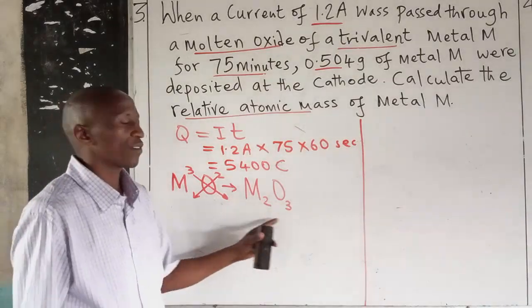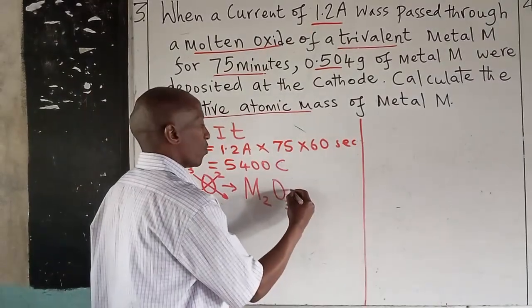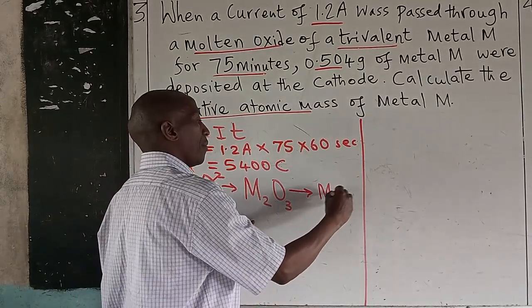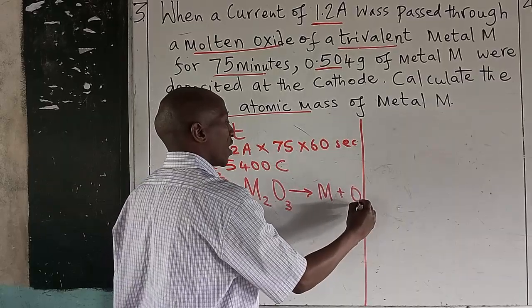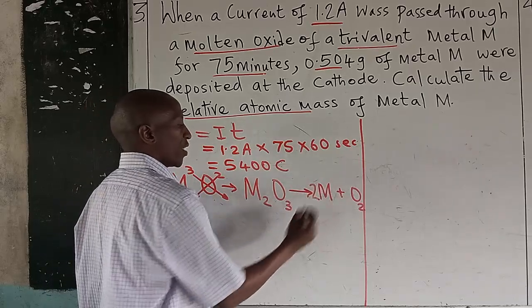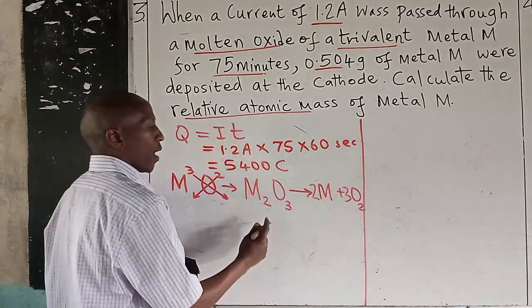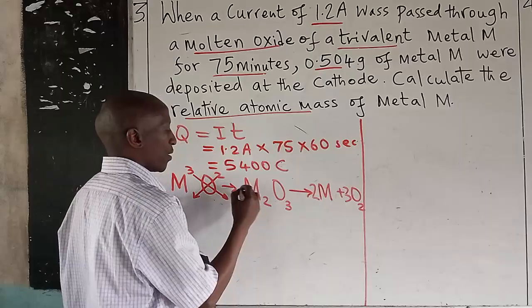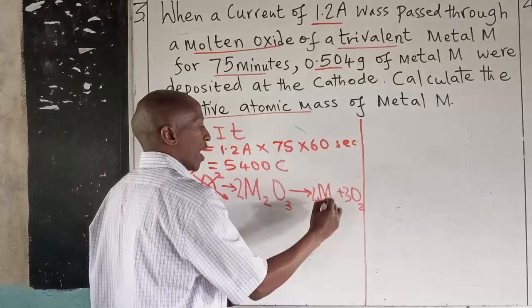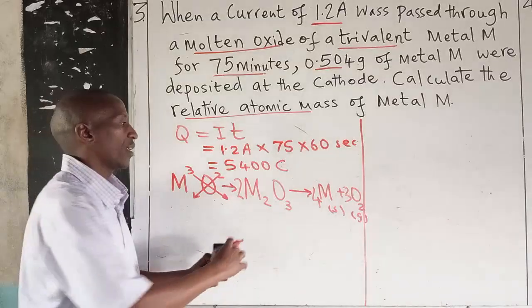So this is what was decomposed to yield some M and some oxygen gas. It was broken down. So if this was broken down to 2 M, then we have 3 O here. We balance so that we may get a clear picture of what happened.